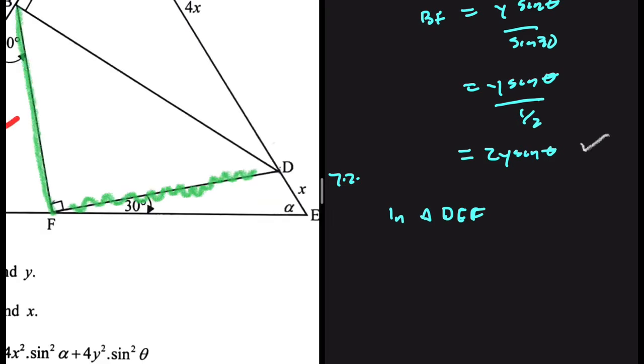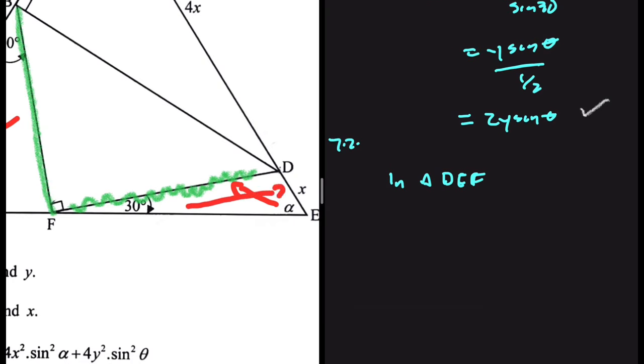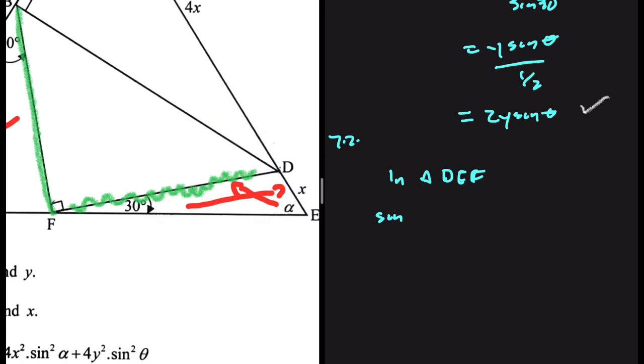We're looking for DF. DF is opposite angle alpha. And then we have angle F of size 30 degrees, which is opposite x. So the sine rule is going to work again. Sine of 30 divided by x is equal to sine of alpha divided by DF.